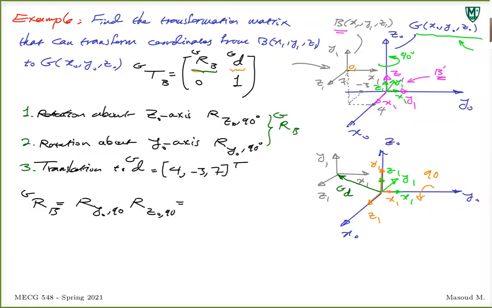We already know these from before with these rotation matrices, so we can just plug in the values. The first one is rotation about y-axis, so that'll give you cosine 90 degrees, 0, sine 90 degrees, 0, 1, 0, and then, since this is y, minus sine 90 degrees, 0, cosine 90 degrees.